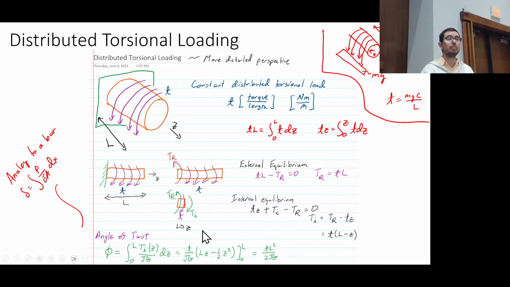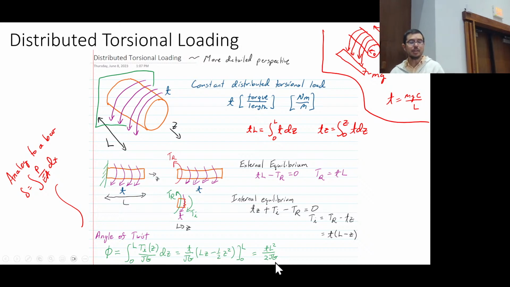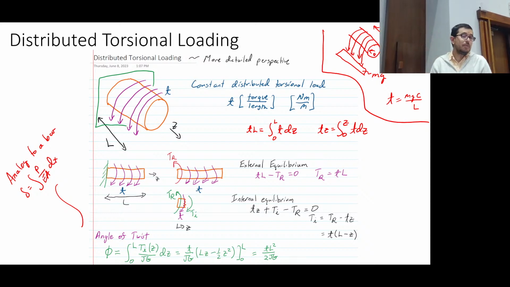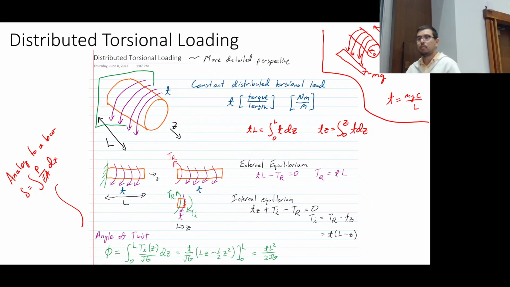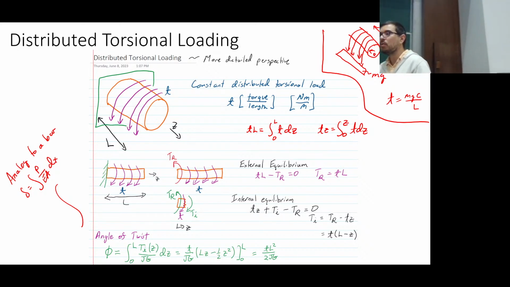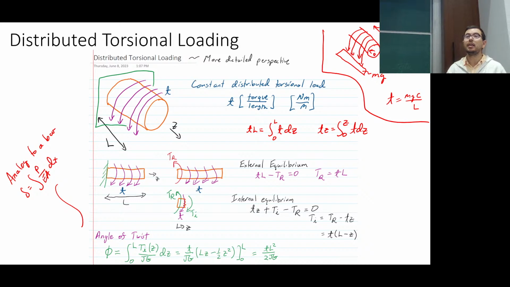minus Z. Okay. And if I want to figure out the angle of twist because of this, then I get to do this integral from 0 to L of the internal torque over JG. Fortunately, J and G are staying constant, and then we have this expression like that. And remember, this is a little bit familiar, right? Because when we had a bar, it was like rho G L squared over 2E.